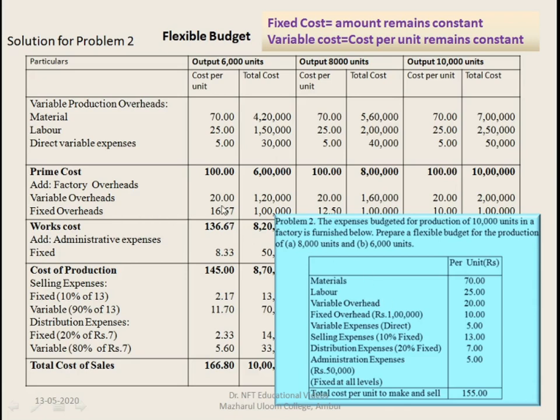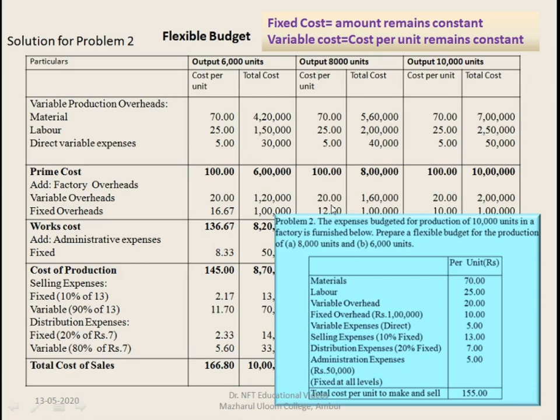Now come to the variable overheads. In case of variable overheads, 20 rupees is given. Here in case of variable cost, cost per unit remains constant. Write 20 rupees at all the three levels.